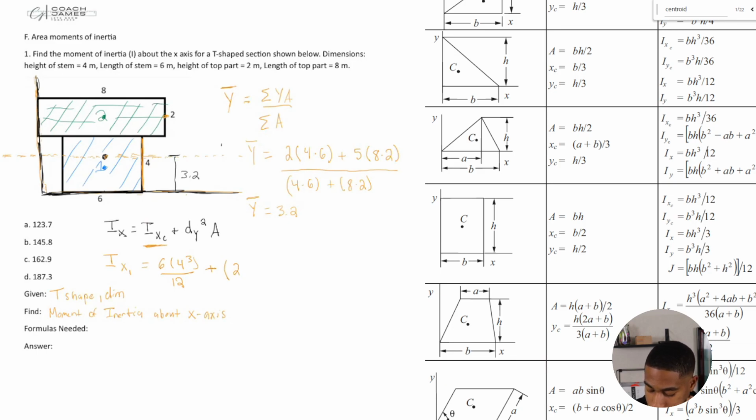In the y direction. It's half of 4. And then what's the distance of the centroid of the entire shape? So it's going to be minus 3.2.